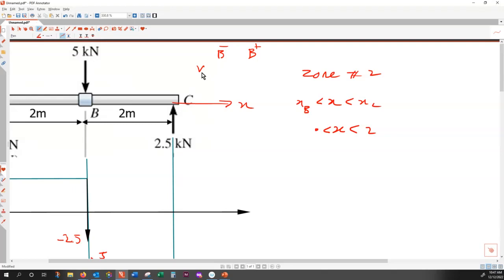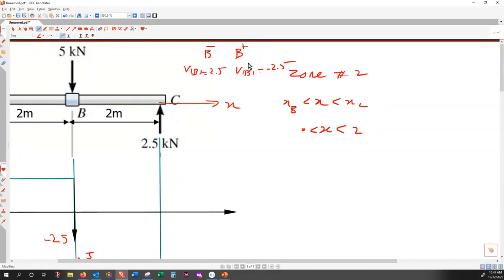At B minus, the shear force is equal to 2.5, and at B plus, V of B is equal to minus 2.5. So when I derive the equation for the second zone, I need to consider B plus, not B minus. So here, V of B is equal to minus 2.5.